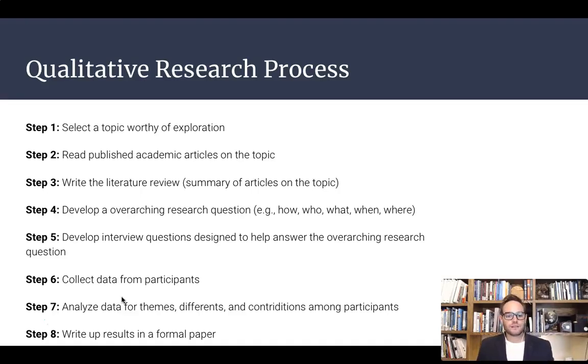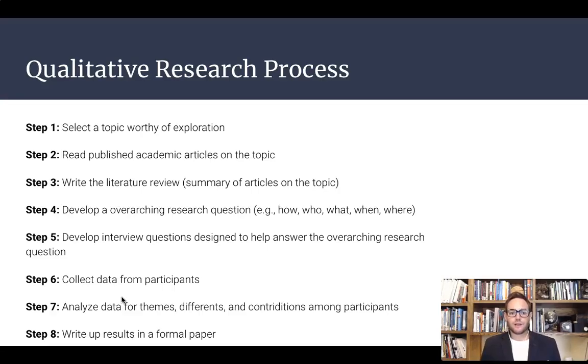And so writing the literature review gives some background to your topic, and you want to think strategically about how to set up the literature review in order to help justify your study, right? So it's great that we're interested in all of these different topics, but at the end of the day, like with anything in life, people are going to be like, so what?